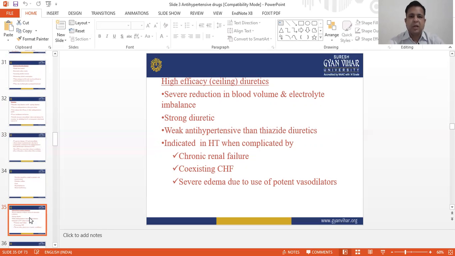Indicated in hypertension when complicated by chronic renal failure, coexisting congestive heart failure, or severe edema due to use of potent vasodilators.